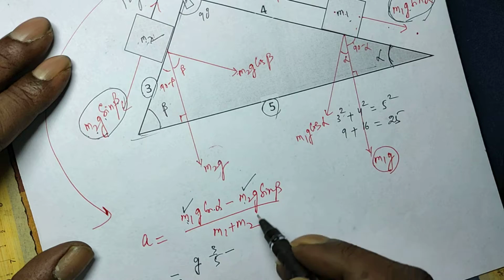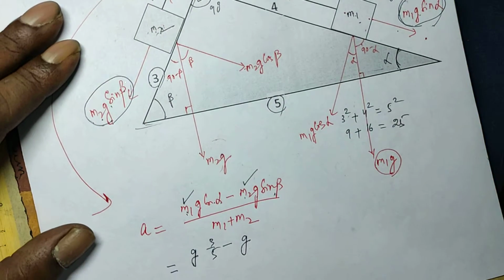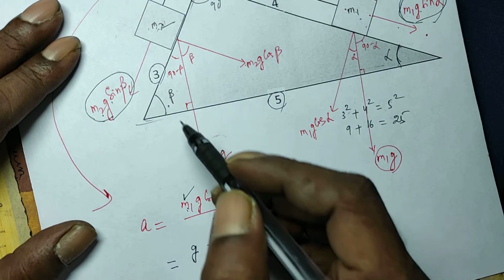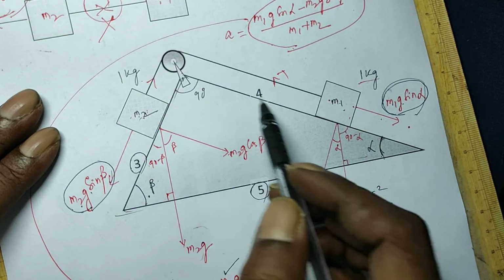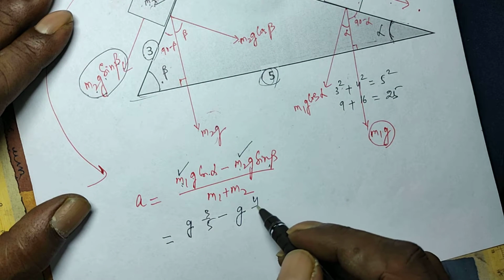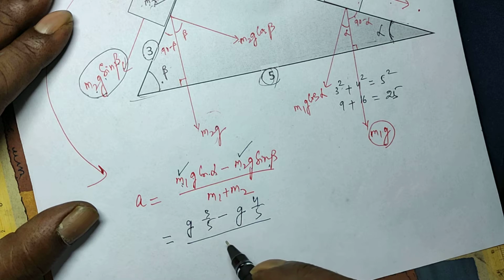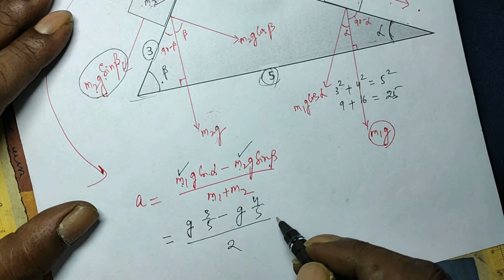M2 is 1. Keep g as such. Sin beta will be, this is your perpendicular, this is your hypotenuse, 4 over 5. M1 and M2 are both 1 and 1, so 1 plus 1 is 2.